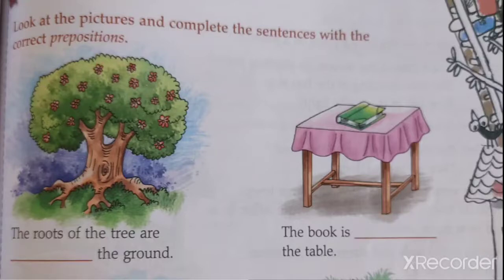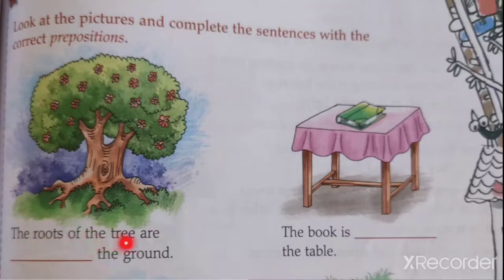Then, at the end, we will see what the answers are. So first, we'll learn prepositions of time, prepositions of place, prepositions of position, and some more prepositions. After, we'll complete this exercise. But here, try to observe these pictures which are related to the blanks.